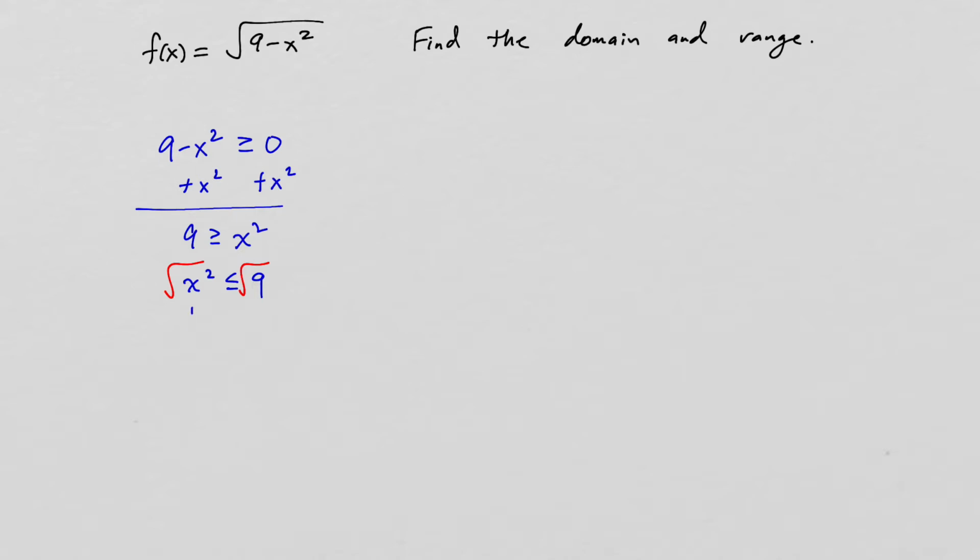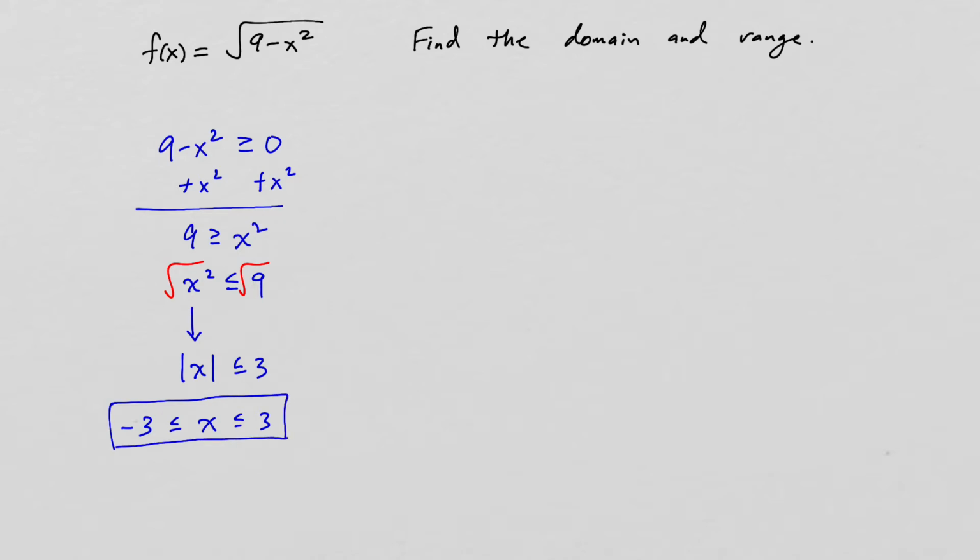Now, when you do this, you have to remember that the square root of x squared is the absolute value of x. And the square root of 9, of course, is 3. So we end up with the absolute value of x is less than or equal to 3. And by the definition of absolute value, this means that x has to be a number between positive 3 and negative 3. So this is our domain.